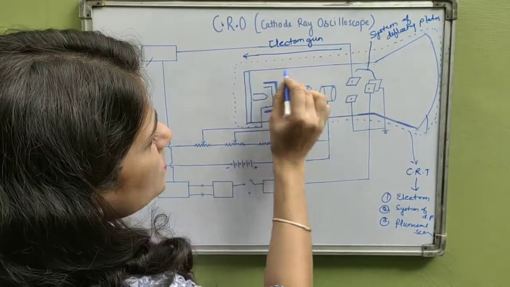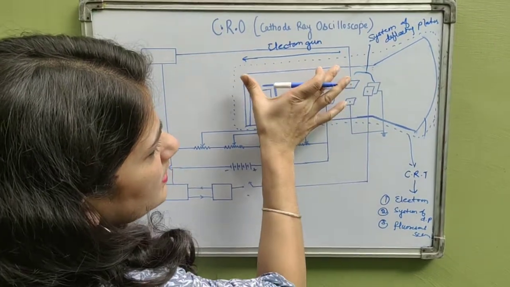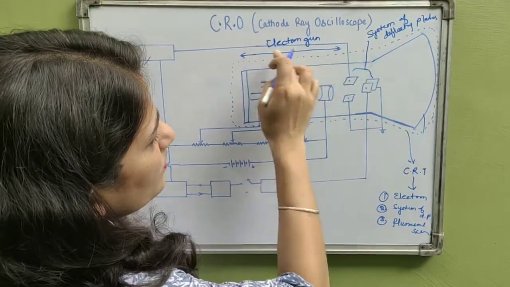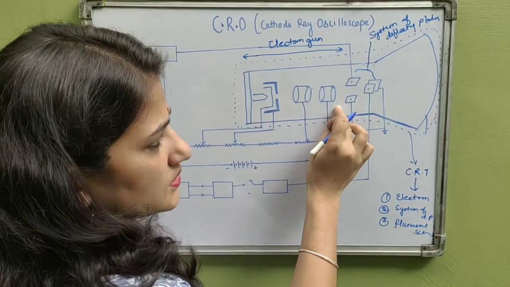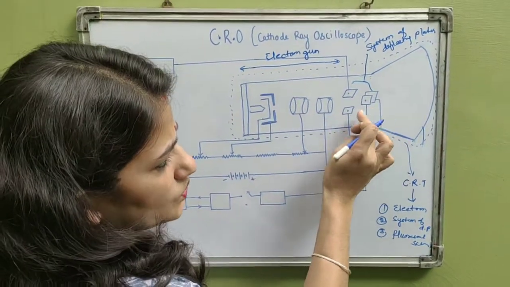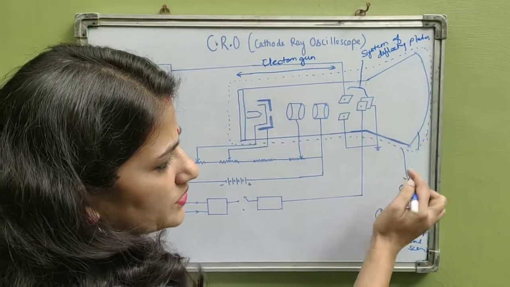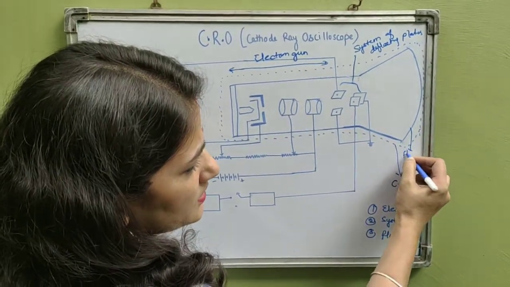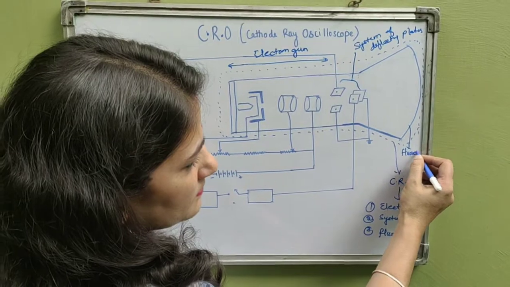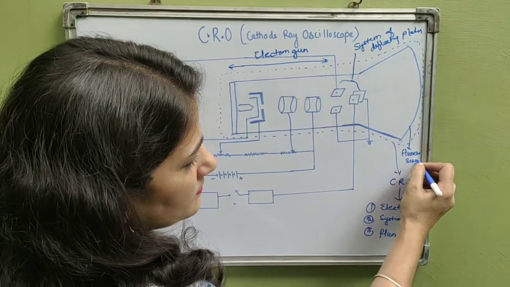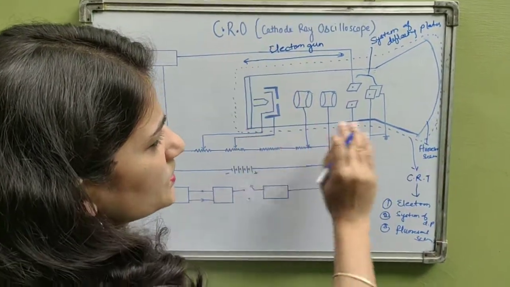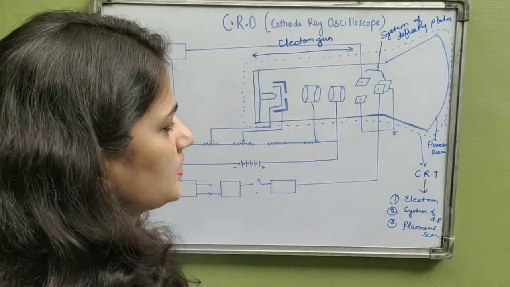From this part to this part, this is the electron gun. These are shown here as the system of deflection plates, and third is your fluorescent screen. This is the picture or the diagram of the CRT.